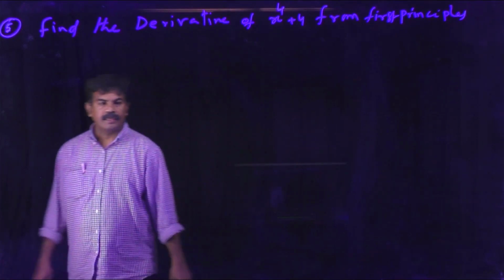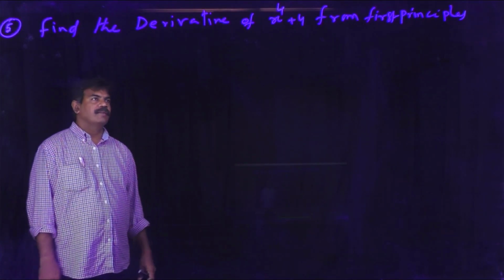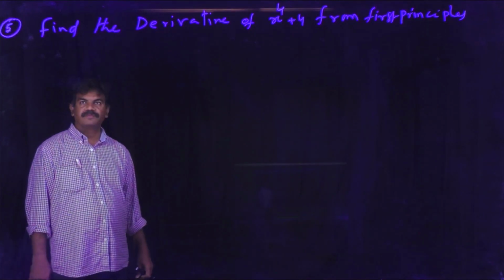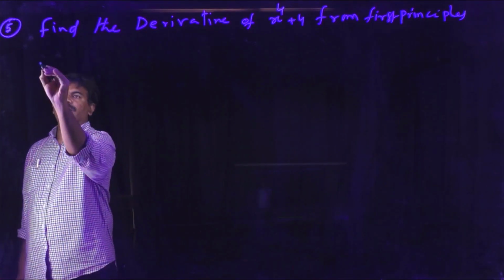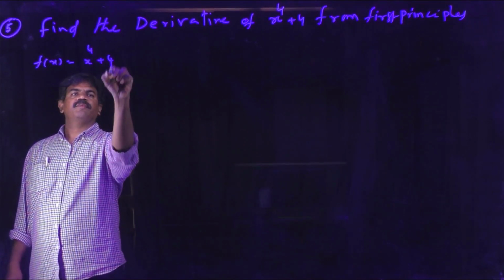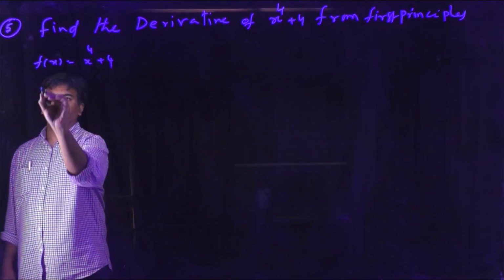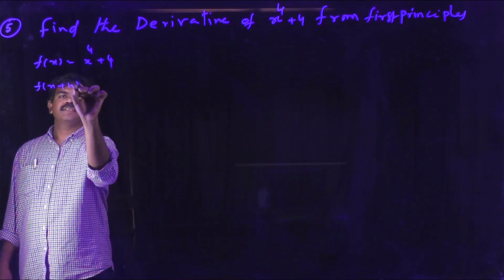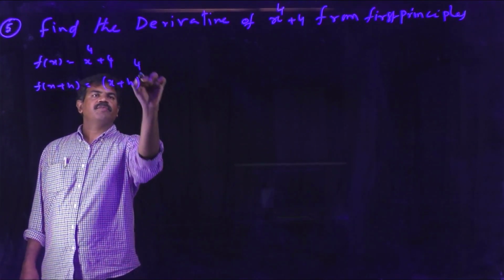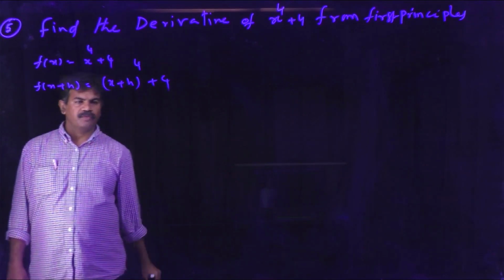See the another problem, that is find the derivative of x power 4 plus 4 from first principles. Take given f of x is equal to x power 4 plus 4. Now we write f of x plus h is equal to x plus h whole power 4 plus 4.